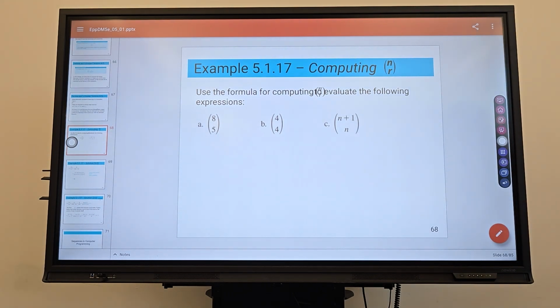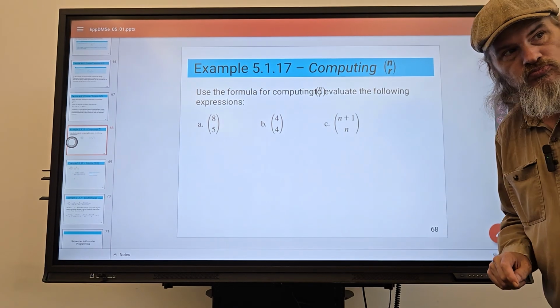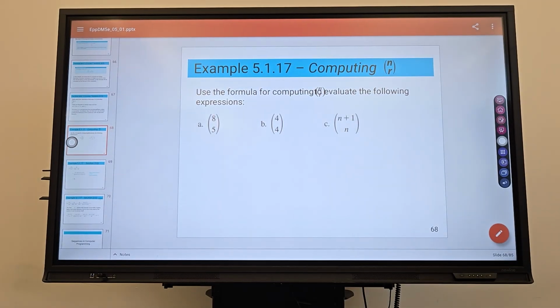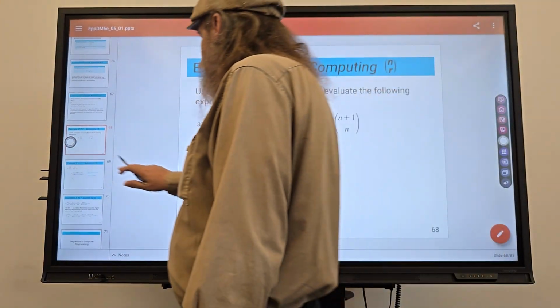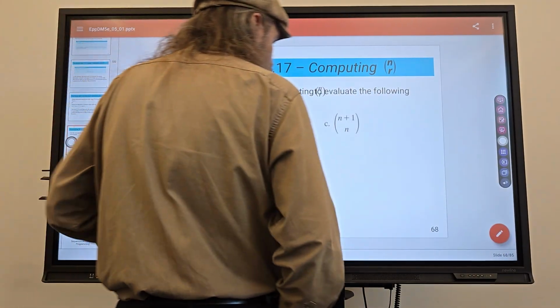So use the formula for calculating n choose r to evaluate the following expressions. I'm not going to write on the board and have it mess up again.